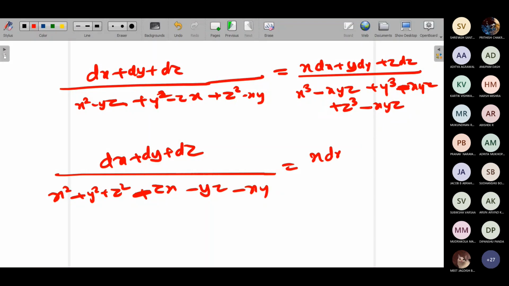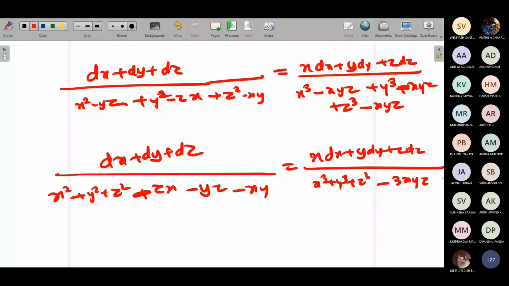Here I have x dx plus y dy plus z dz. In the denominator, I can write it as x cube plus y cube plus z cube minus 3xyz. Yes or no?